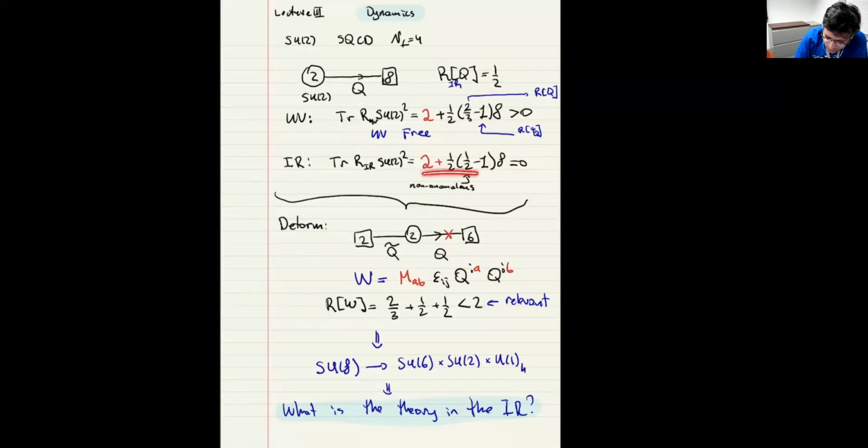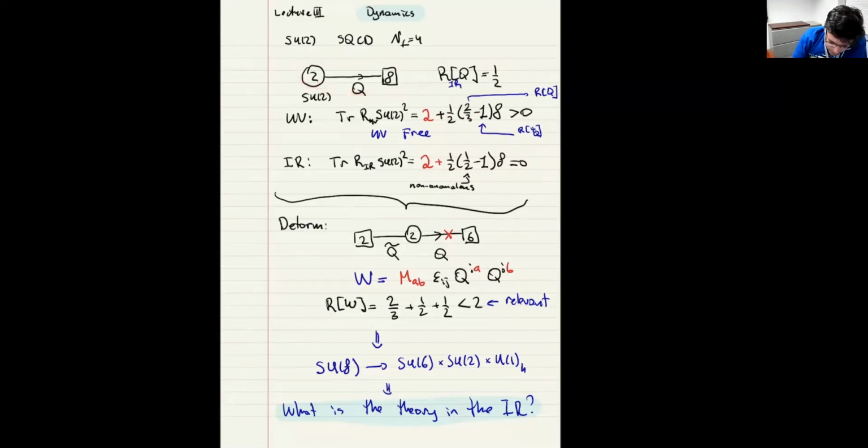Again, you can compute this anomaly with simple algebra, and you find that it is equal to 0. If you wish, this is a mixing of this anomalous R symmetry, which is 2/3, and another anomalous U(1) global symmetry that you have before you turn on the gauging in the UV. Okay, so this is the theory we start with.